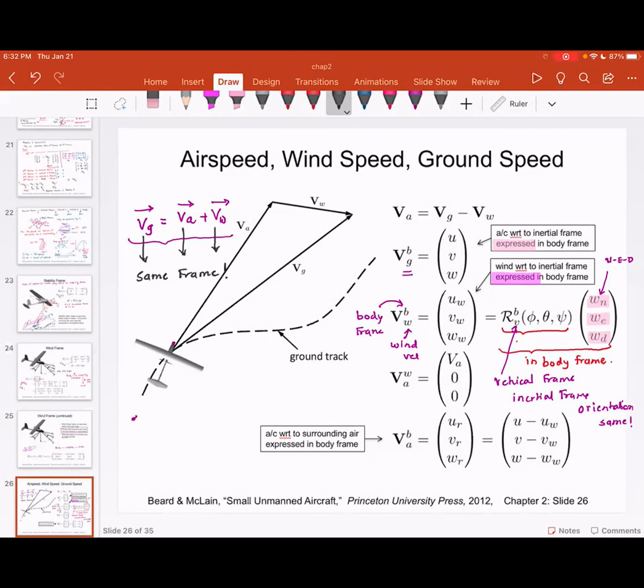Now remember the rotation B R V: you have a vector in the V frame, and that gives you the vector in the B frame.